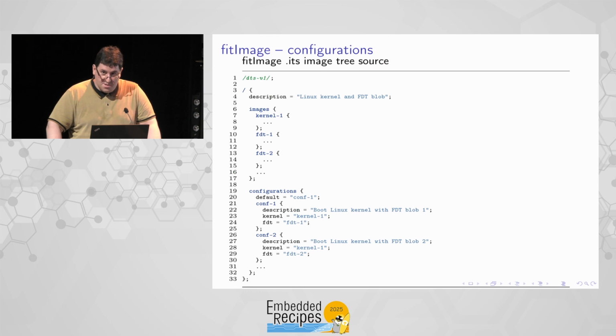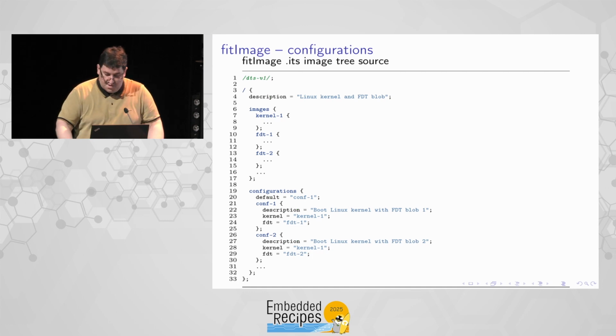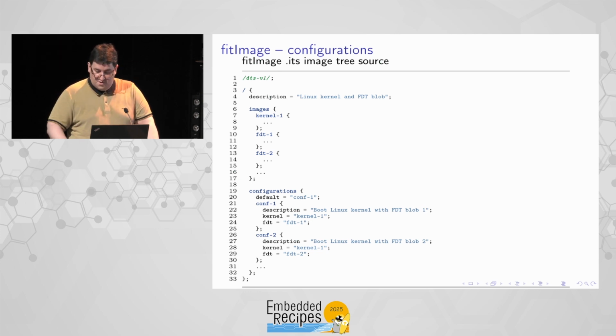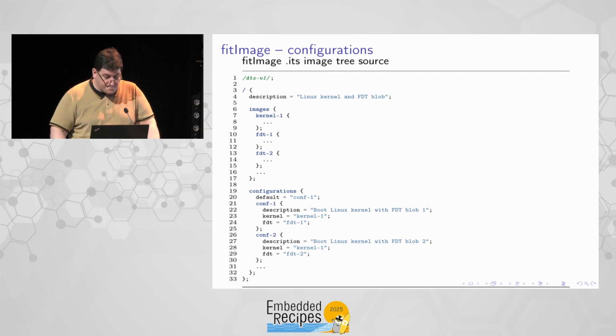For example here, there is a Linux kernel 1 that's a reference to the kernel image, and FDT1 that's a reference to the device tree. When the user would boot this one configuration, which is actually the default, U-boot would pick out the Linux kernel 1, place it at the right location, pick out the device tree, place it at the right location, and boot this combination of images together in the right order. That's what fit image is about.